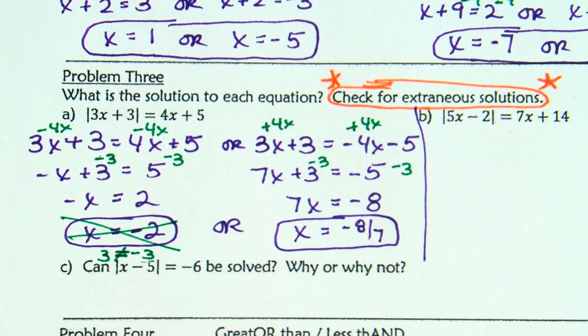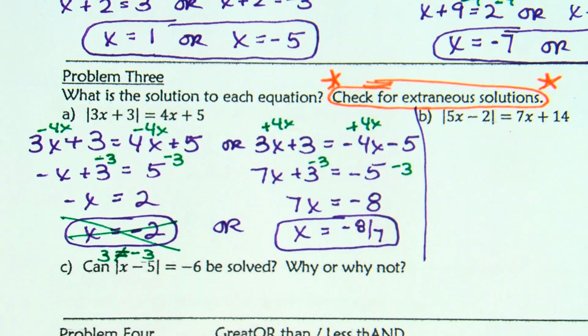So if I put this other one in, it's the absolute value of 3 times negative 8/7 plus 3, equals 4 times negative 8/7 plus 5. Now, if you wanted to, you could use your calculator and go decimals a little bit, couldn't you? That might be the easier option. But I don't want to do this. Ugh. I'm being lazy when I say that.